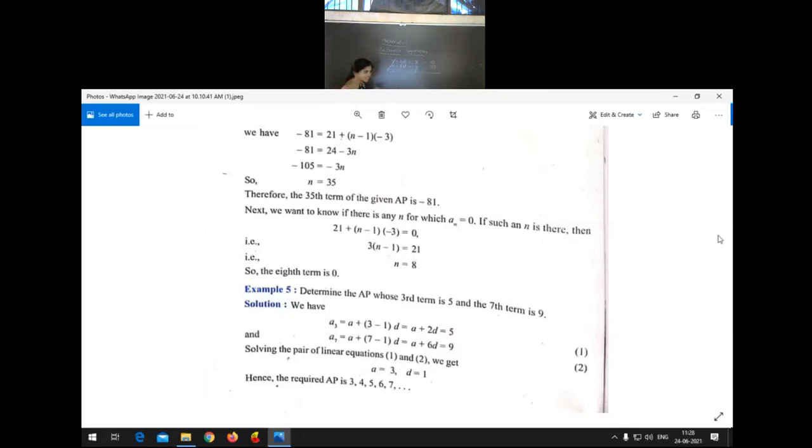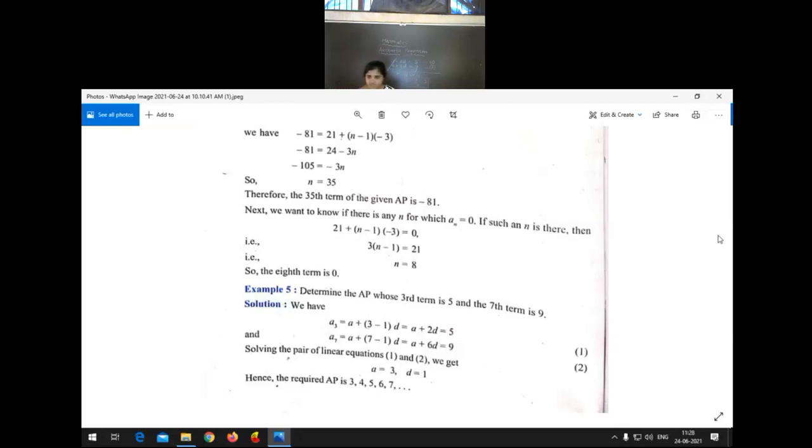Yes, minus 4d. Bigger number sign is minus 4d. That is equal to plus 5 minus 9, which is again minus 4. Now both sides minus, minus get cancelled. Then d is equal to 4 divided by 4. So we got the difference which is equal to 1.